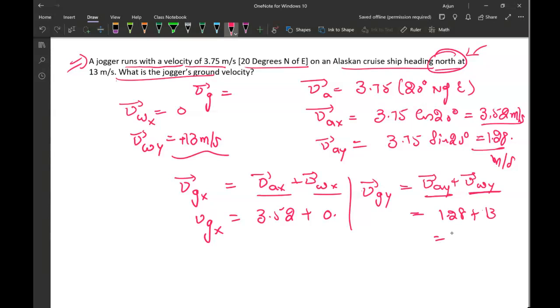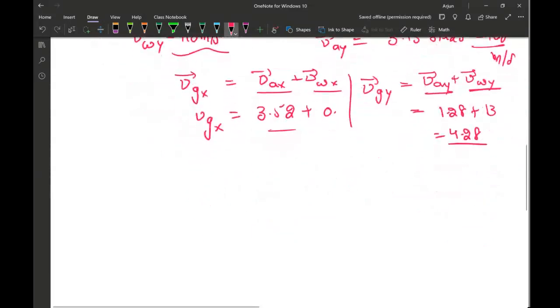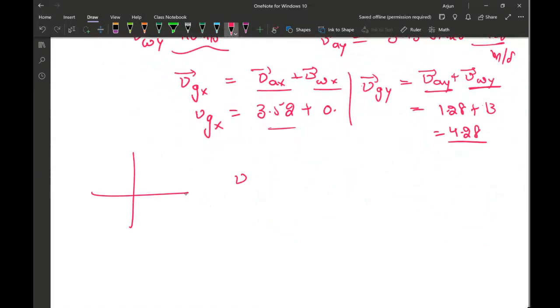So 1.28 plus 13, which is 14.28. We got both values, Vgx and Vgy. Both are positive, and we want to find the resultant like this. So this is Vgy, this is Vgx, and this is Vg.